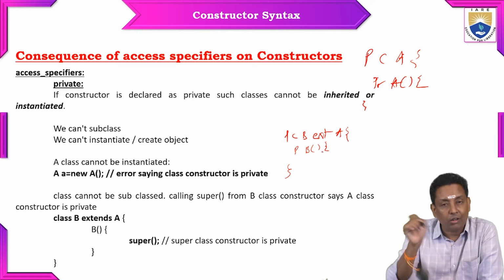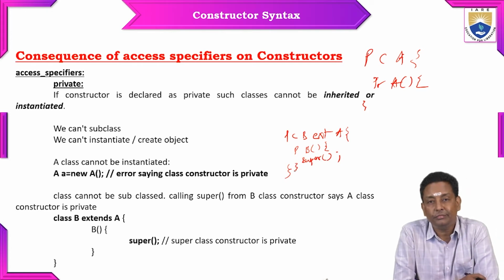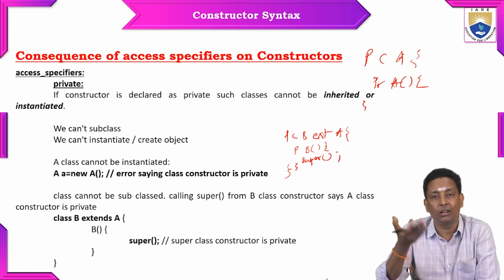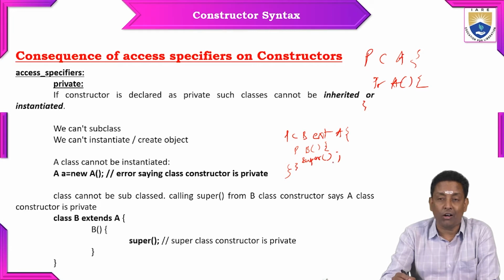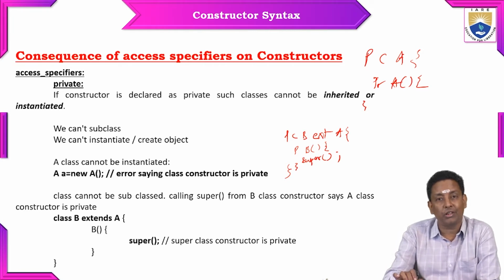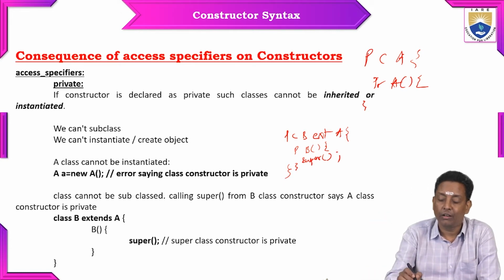Because the compiler generates the default constructor, in it the first statement super() will be generated. It is a formality that every child class constructor calls the superclass constructor. If we explicitly call, we may call a parameterized constructor. If we don't write, the default constructor will always call the no-parameter constructor of the superclass. So B class constructor is calling the superclass no-parameter constructor.